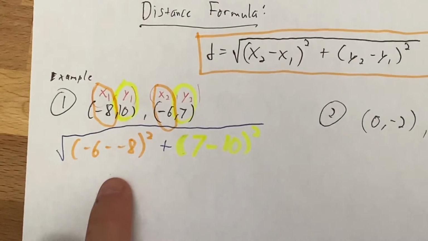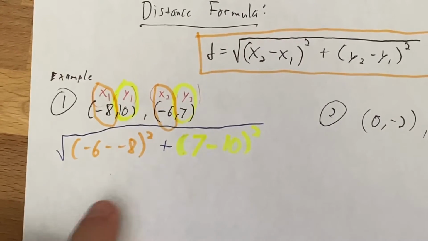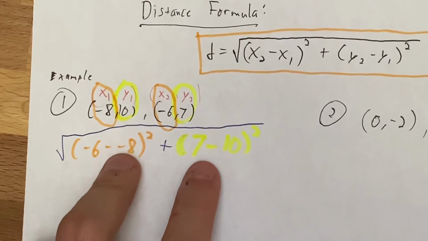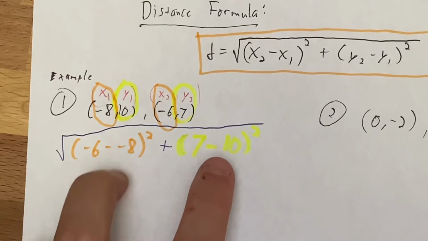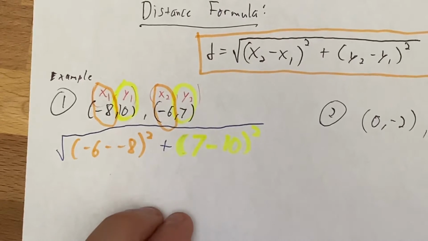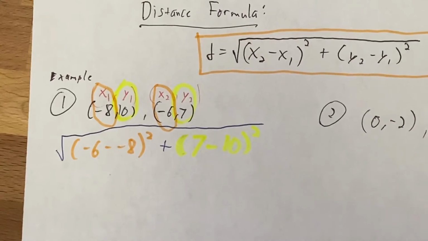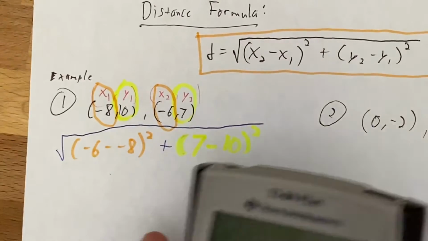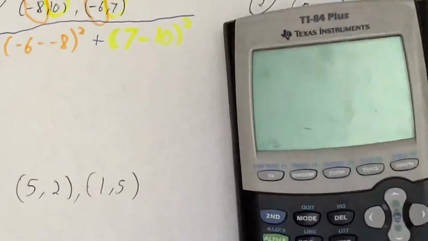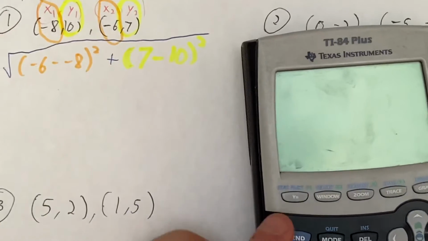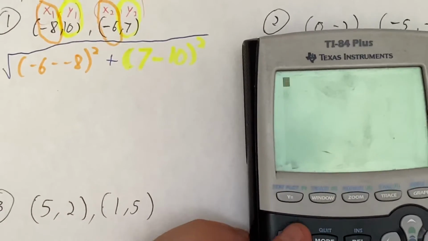From here, you can do two things. You can either simplify it by parts, like actually subtract these and then square them and then take the square root after adding them. But you do have access to calculators that'll just do the whole thing in one step. If you're using Desmos from the graphing calculator online, you can just put the whole thing in. If you're using a calculator like this one, a TI, you can do the whole thing in one go.